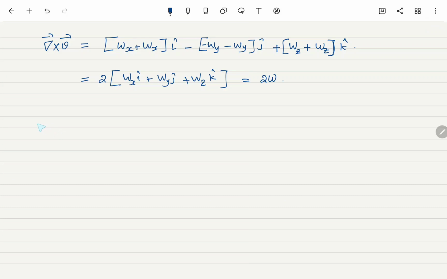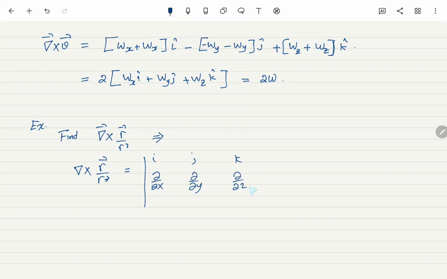As another example here, find curl of r over r cubed. The solution for this one is equal to, again, open the determinant: i, j, k, partial x, partial y, partial z.